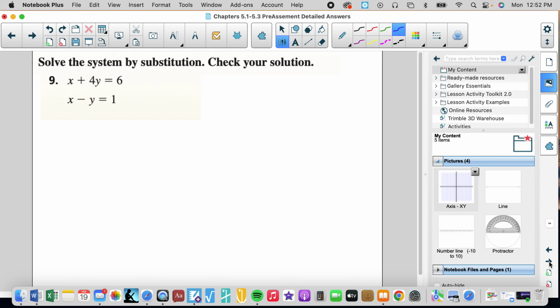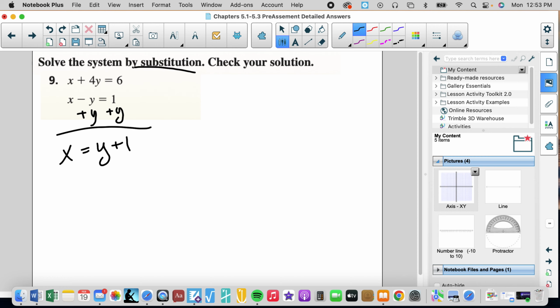Now, neither equation is simplified for a variable. If we're going to use, you must use substitution. I'm going to make sure that you use substitution. You can't use elimination through addition, subtraction, or anything of that nature.